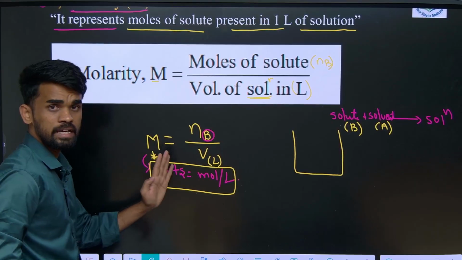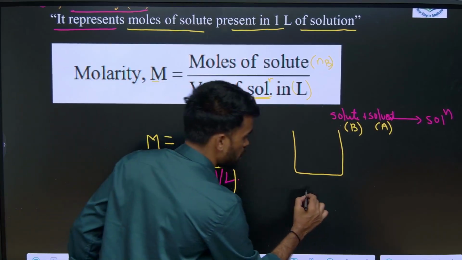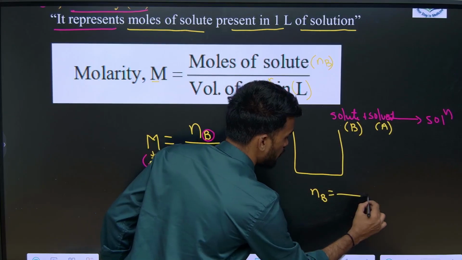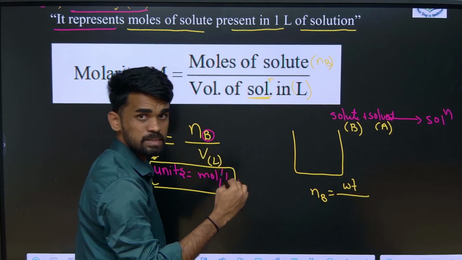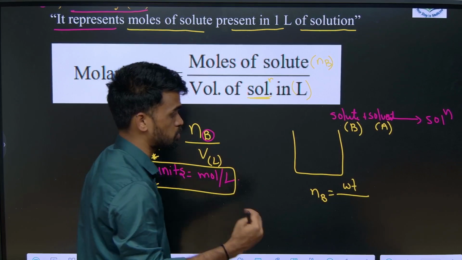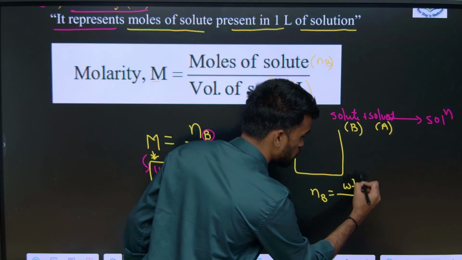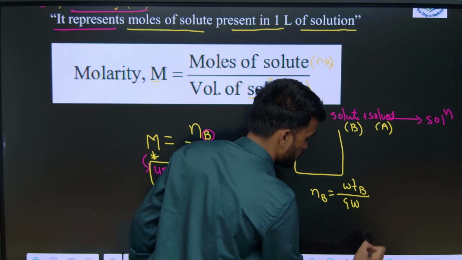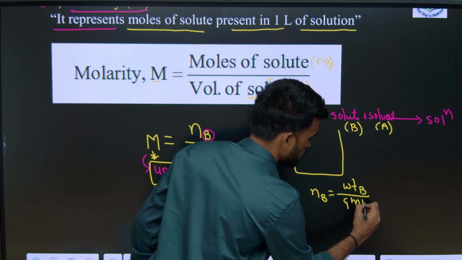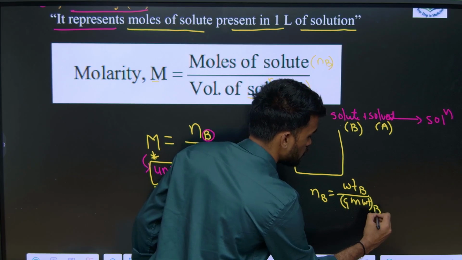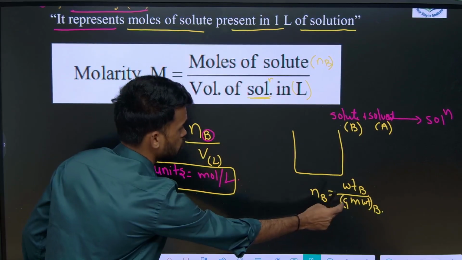Now, how can we write the number of moles formula? The number of moles can be written as the given weight of a substance by the molecular weight of that particular substance. For example, the number of moles of solute can be written as weight of solute by gram molecular weight of that particular solute. Just substitute this over here.